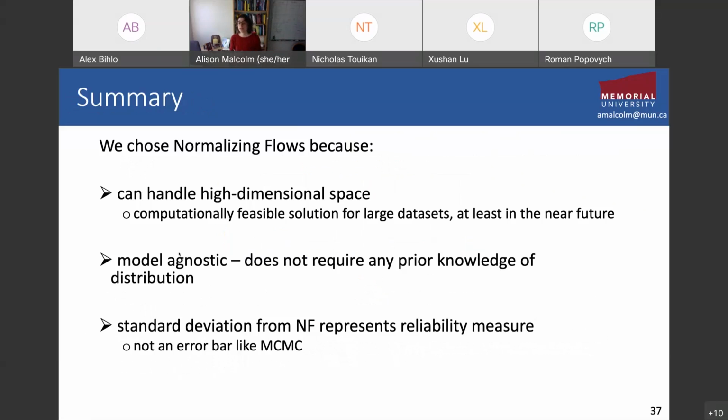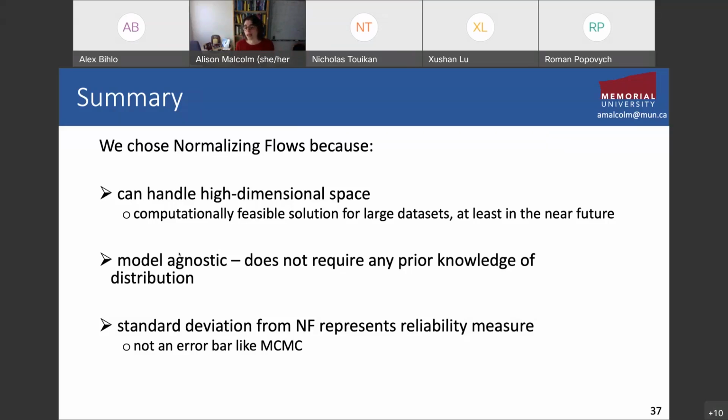I didn't really emphasize what makes them so computationally feasible. I'm happy to address that in the questions if you would like. But basically, the functions are chosen very cleverly to make this turn out, and not by us, by others, but it works very well. We don't need prior knowledge of the distribution. We can just essentially put in our data and their labels and expect things to work out.